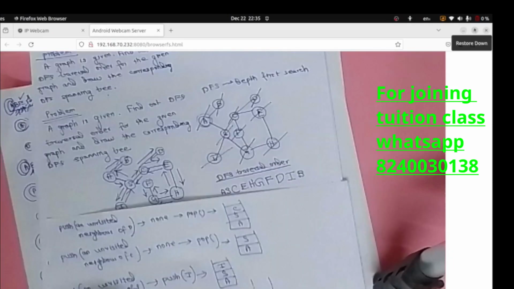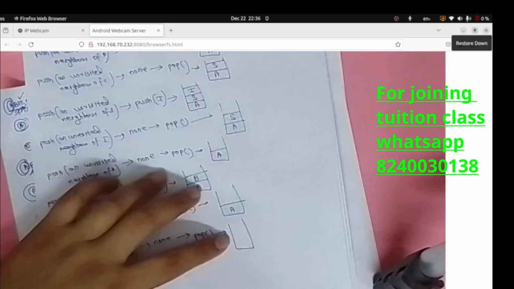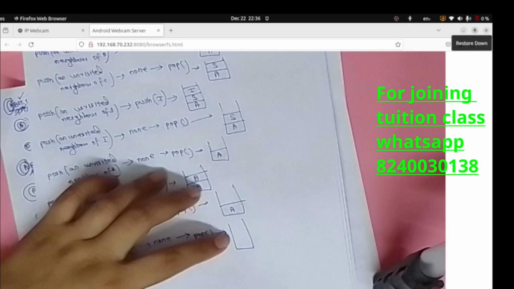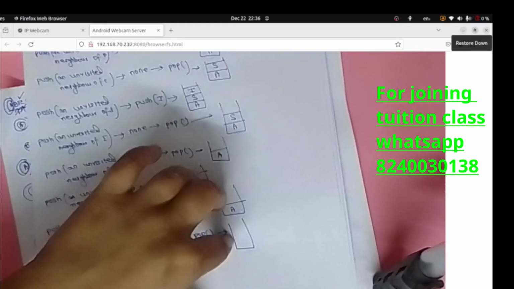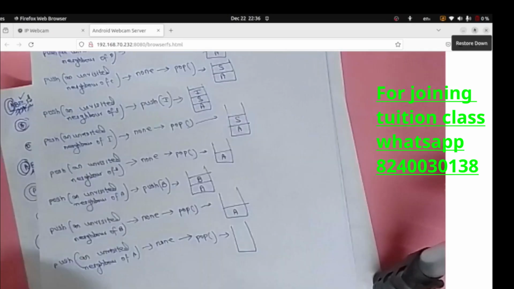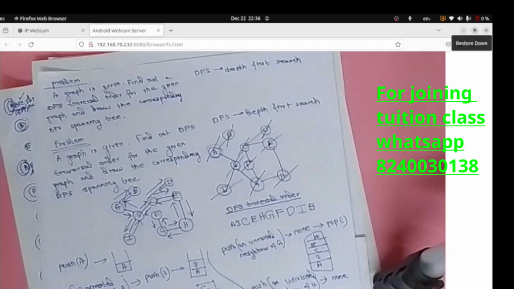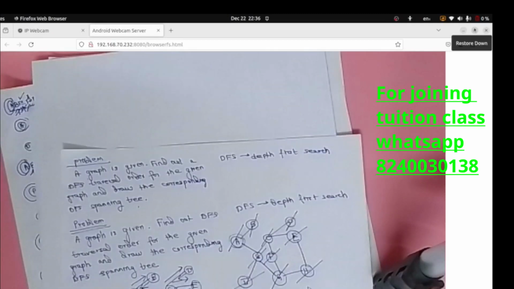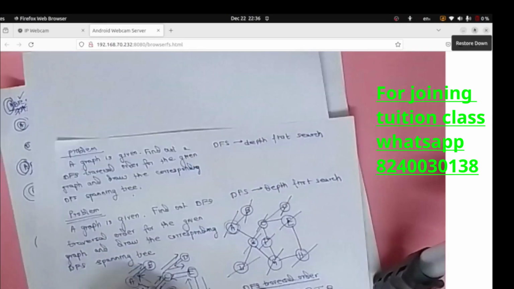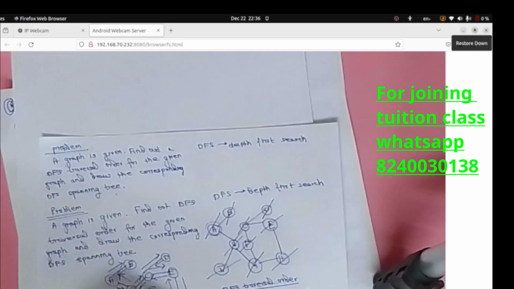When the stack becomes empty, that means all of the vertices have been traversed. So we stop our depth first traversal. And after stopping, we find the depth first traversal order, which is the sequence of these vertices.